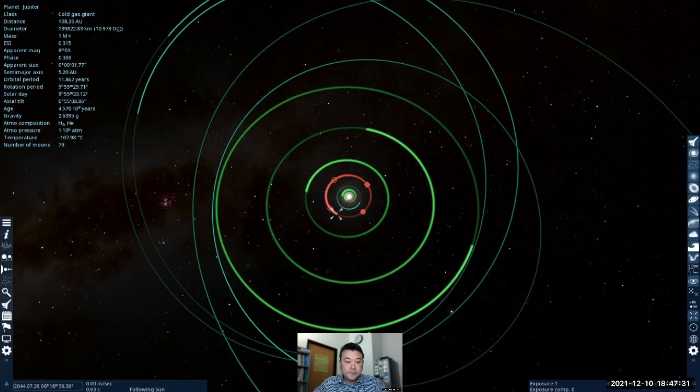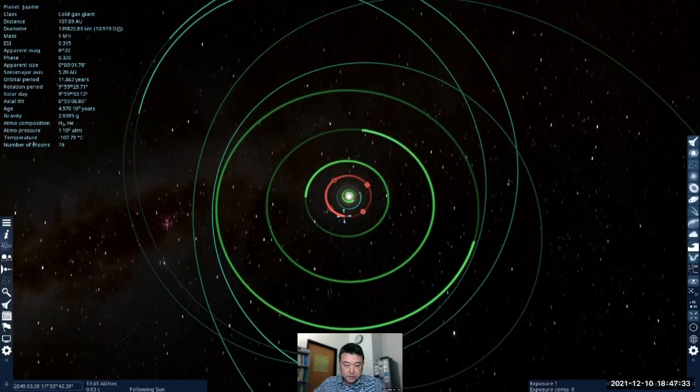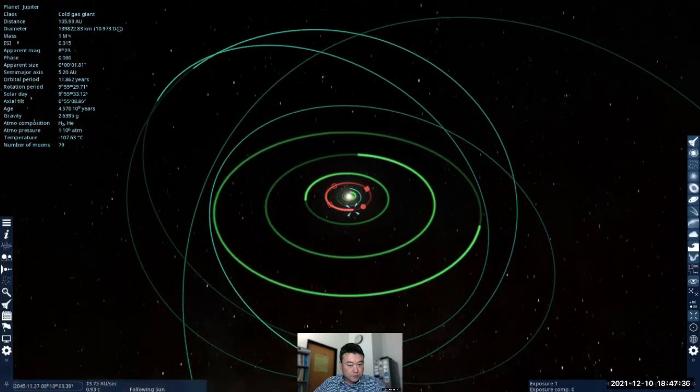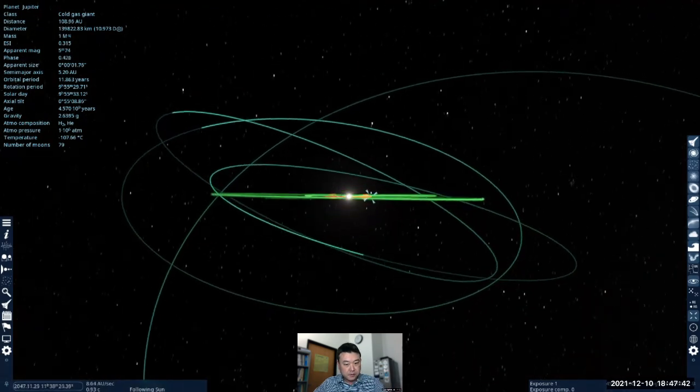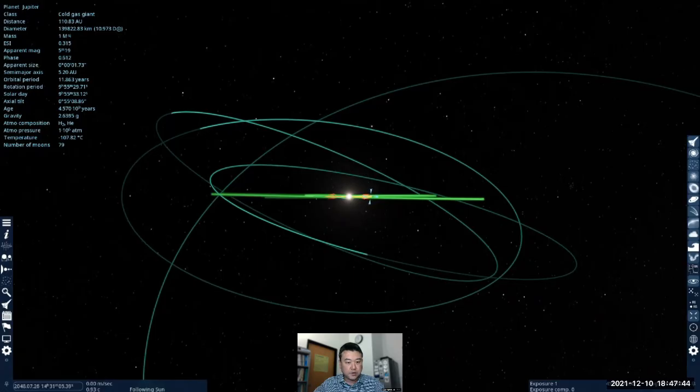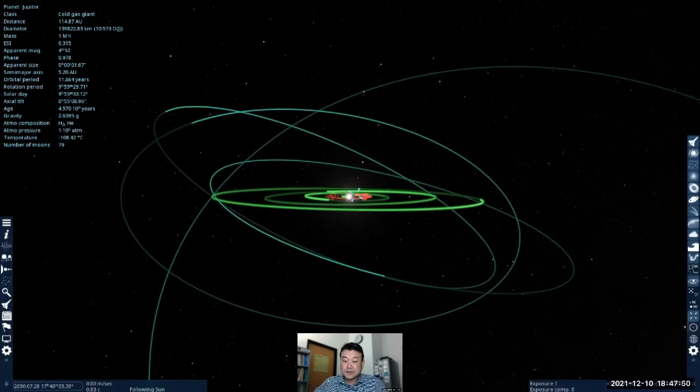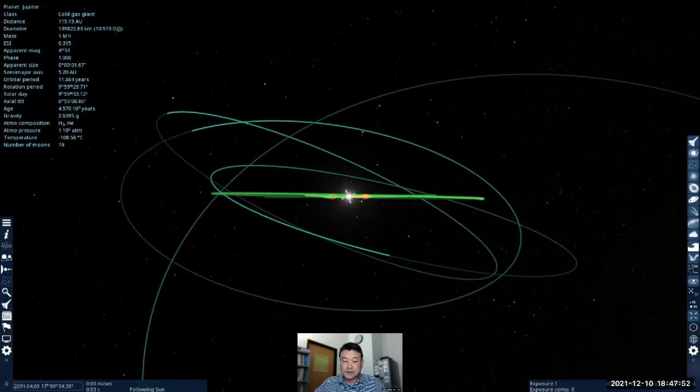So I think it's easier to see if I go out of this plane. So look at the plane from the side view. With the major planets, as I was saying, their orbits are in this tight range of the ecliptic plane. One of the things that looks off about Pluto is that the orbit of Pluto is not in the ecliptic plane. It's at a bit of an extreme angle.